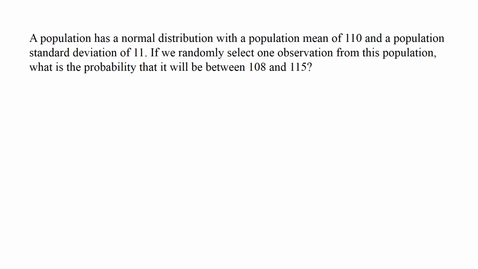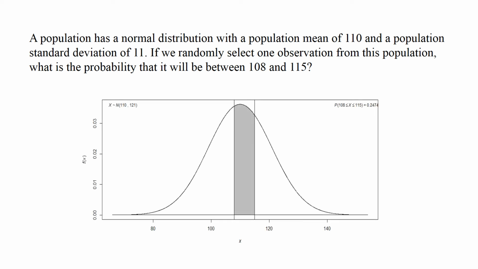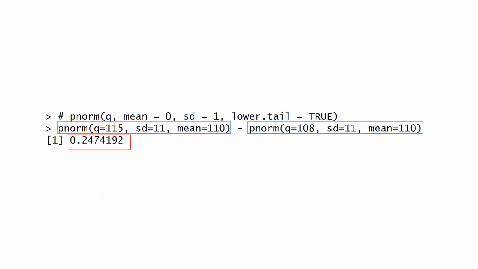Here's how to solve this. First, find the area below 115. Next, find the area below 108. And finally, subtract the area below 108 from the area below 115. Here's the distribution, and I've shaded the area between 108 and 115. Here's the R code.